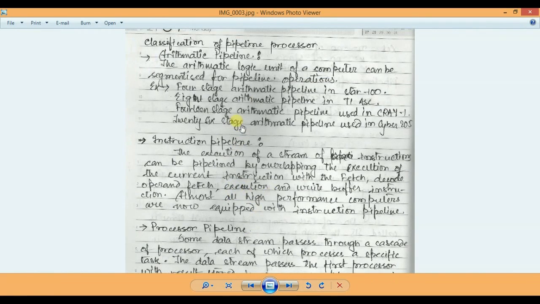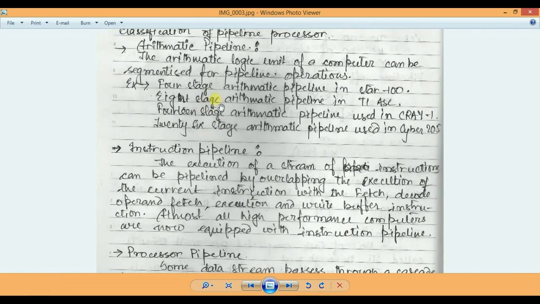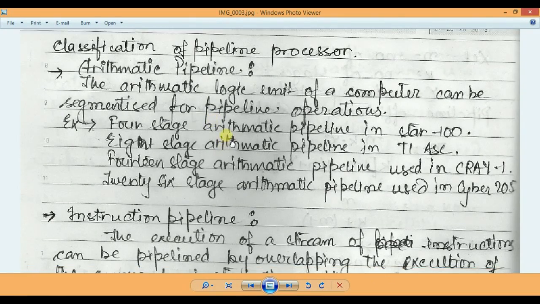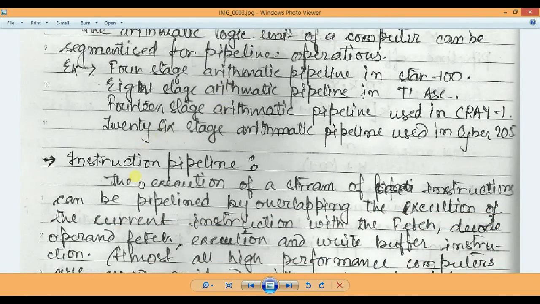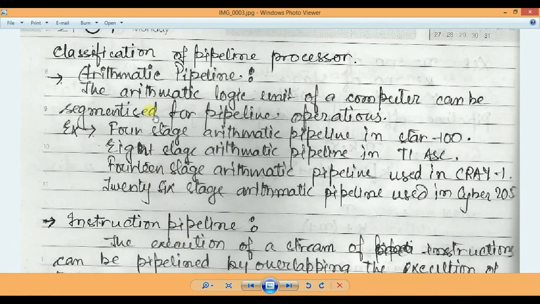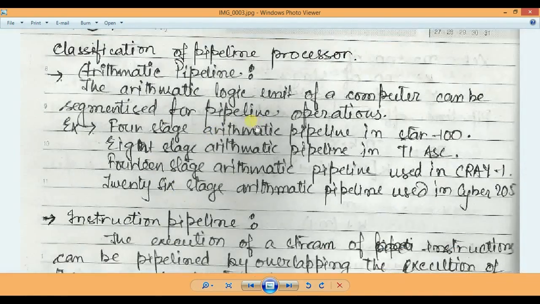Okay, classification of pipelining processors. Pipelining is divided into 3 types: arithmetic pipeline, instruction pipeline and processor pipeline. What is arithmetic pipeline? The arithmetic logic unit of a computer can be segmentized for pipelining.